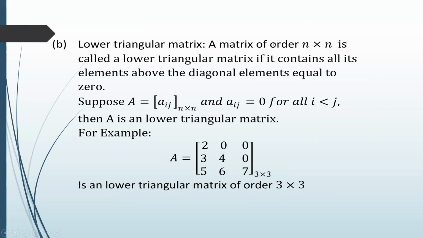A matrix of order n by n is called a lower triangular matrix if it contains all its elements above the diagonal elements equal to 0. So here we see that the elements above the diagonal are zeros, so we call this a lower triangular matrix.